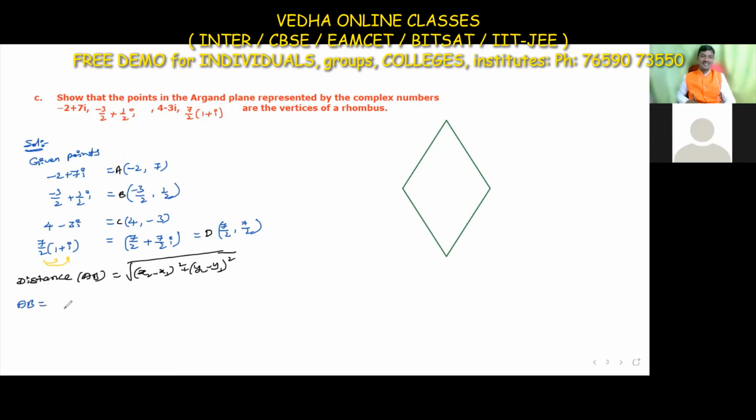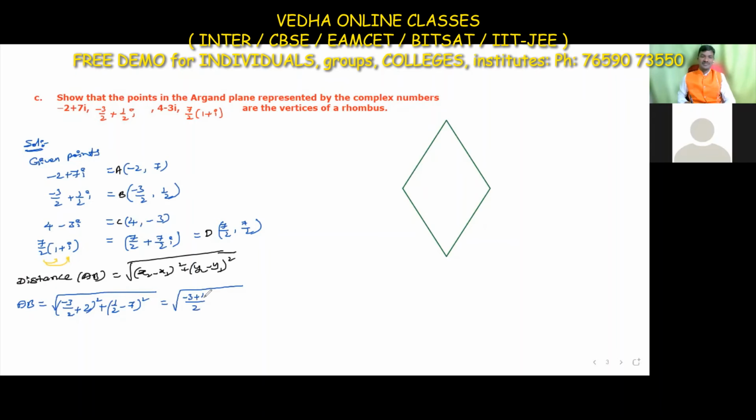Now finding the distance AB, which is under root of minus 3 by 2 minus of -2, plus 2 whole square, plus 1 by 2 minus 7 whole square. Compared to the previous problems, only the fractions are different; the method is the same. LCM is 2.